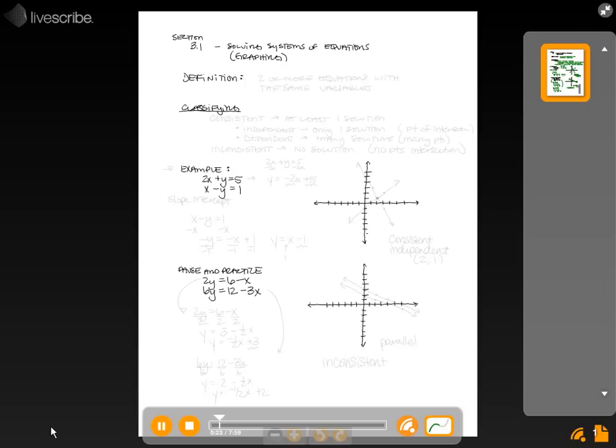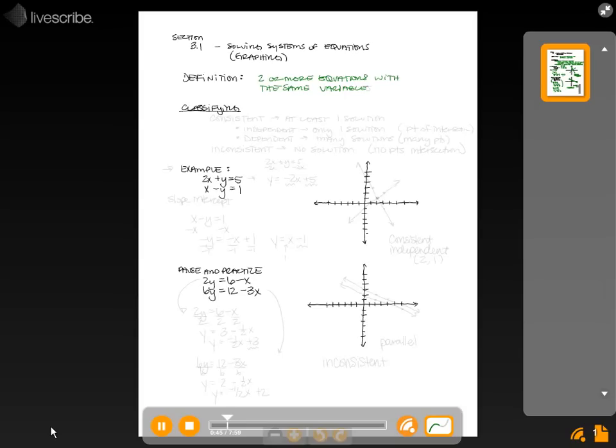First thing we need is a definition for a system of equations. A system of equations is two or more equations with the same variables.